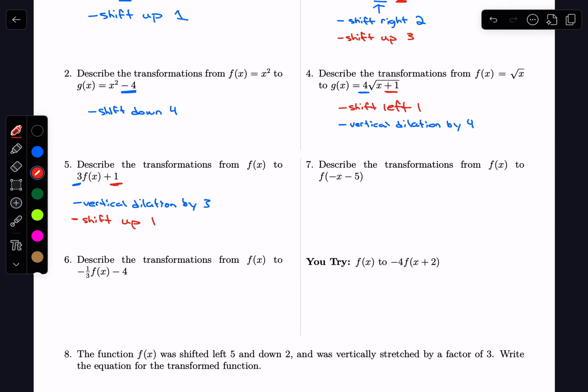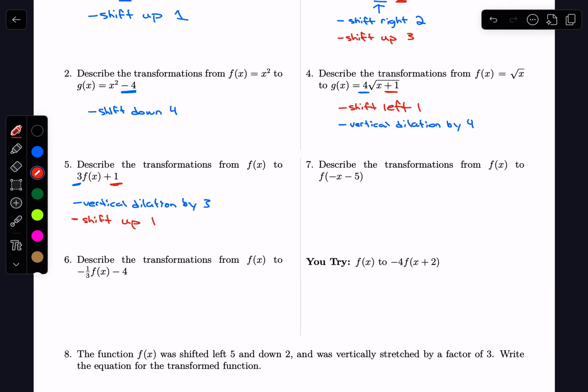And if you want to know about the order, it actually does very much matter what order we do things in. So whenever we're talking about a combination of shifts and dilations, you want to make sure that the shifts go after the dilations when they involve the same direction.